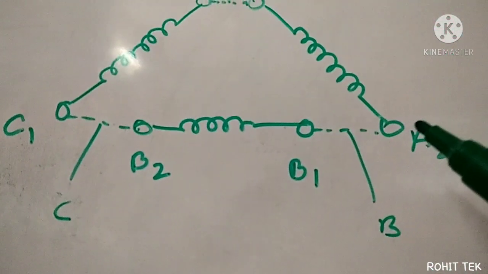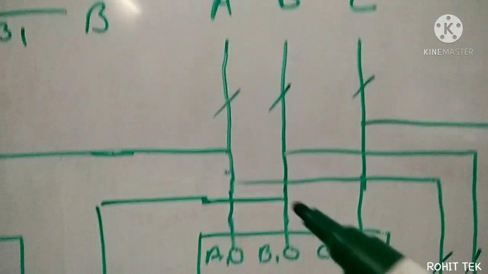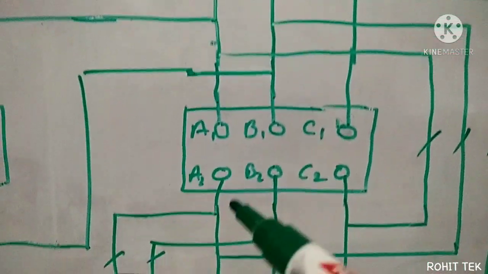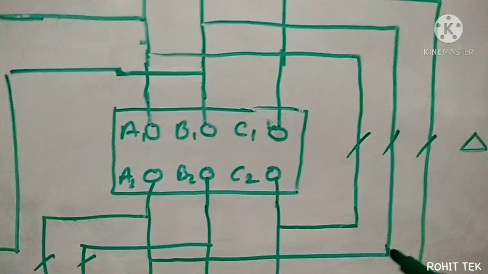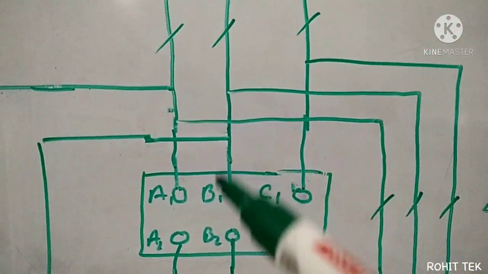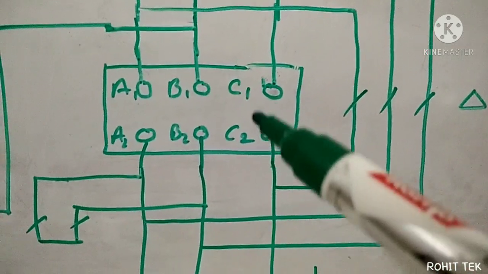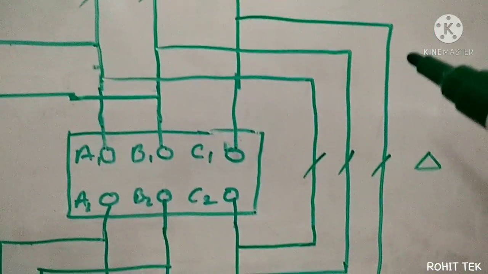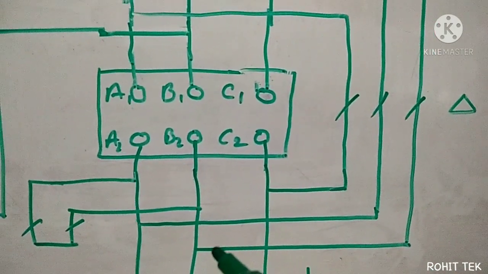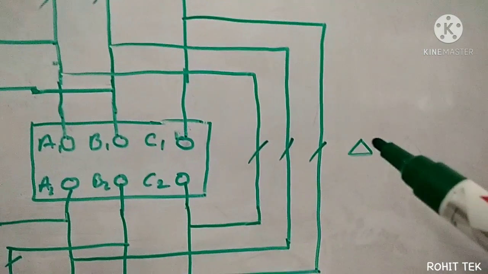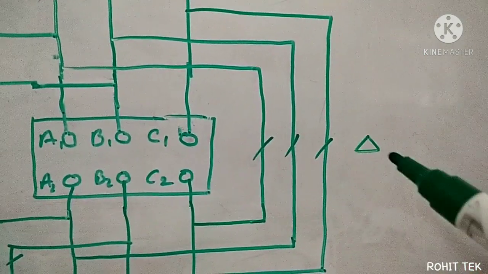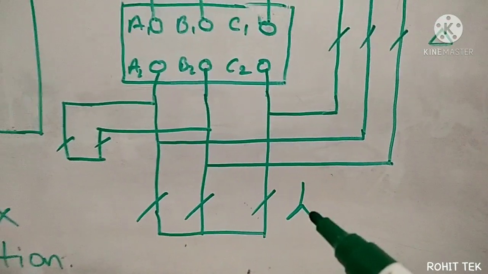And A2 should be connected to B1. See, A2 is connected to B1. Okay, and here C1 is connected to B2. So I have achieved the delta configuration and also I have achieved the star configuration.